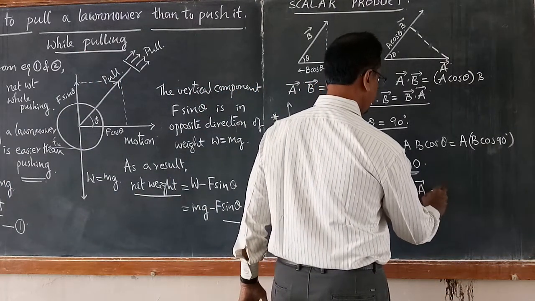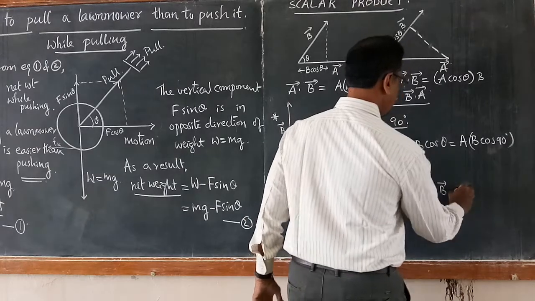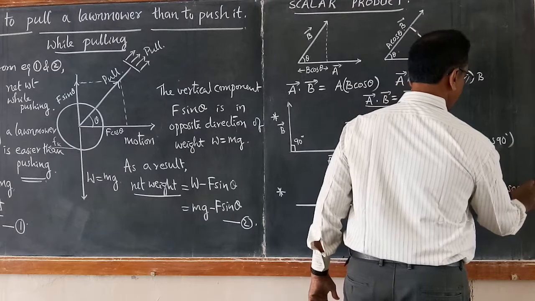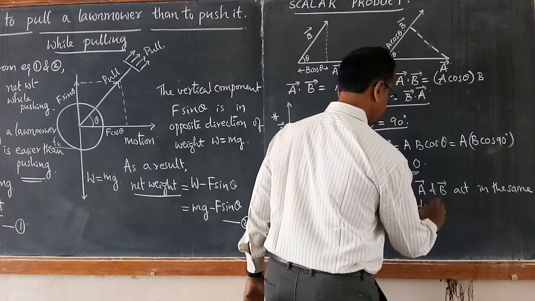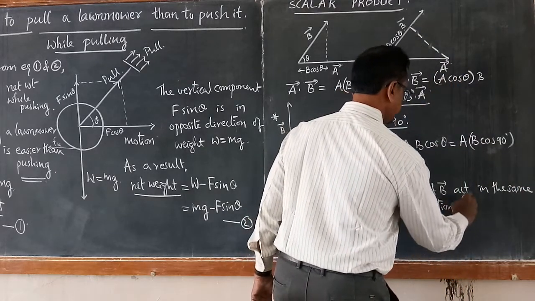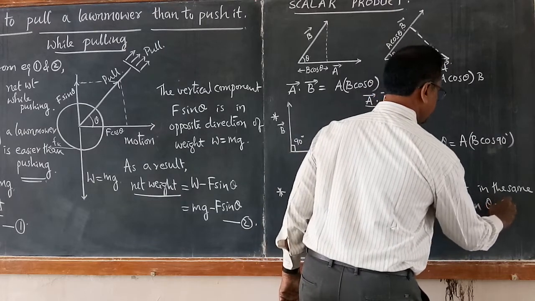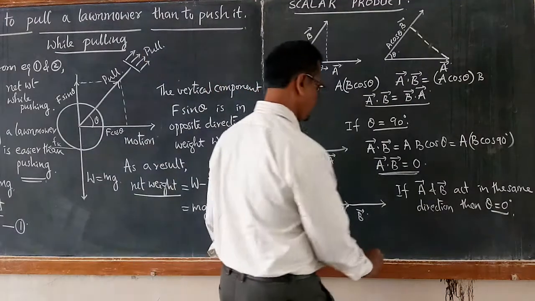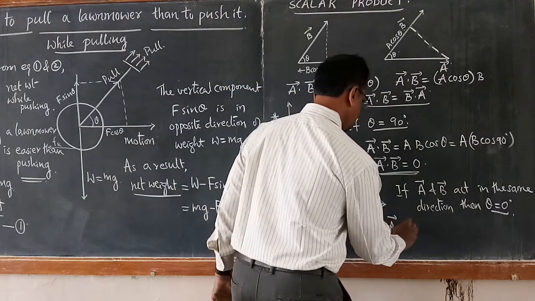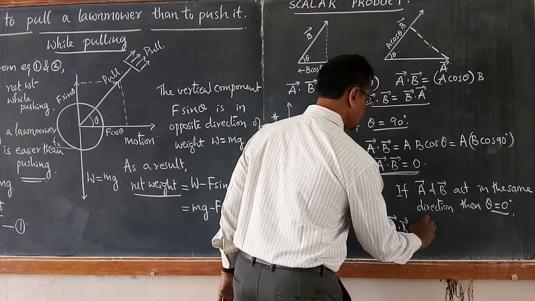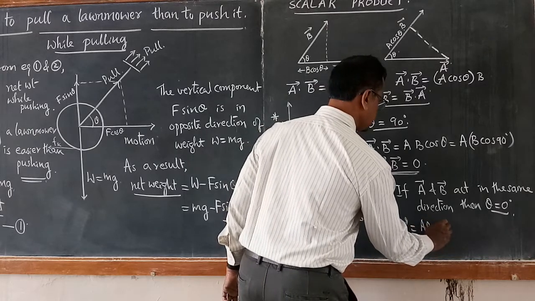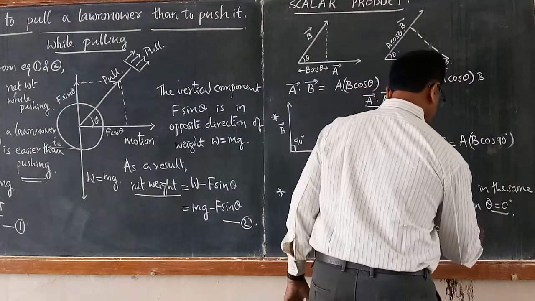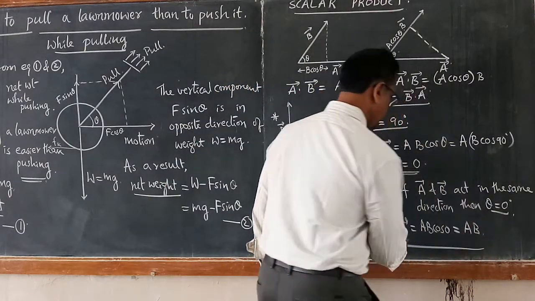If A and B act in the same direction, then theta becomes 0, and cos 0 becomes 1. Then by definition, the dot product A dot B equals AB cos 0. Cos 0 is 1, so we get the result AB.